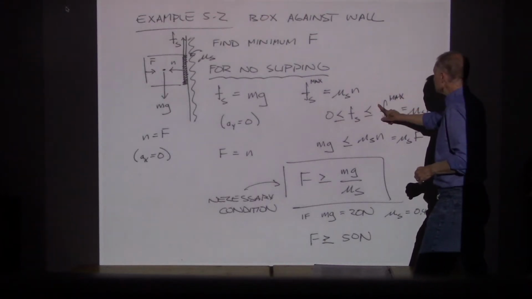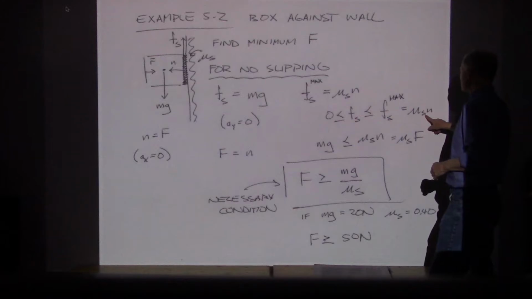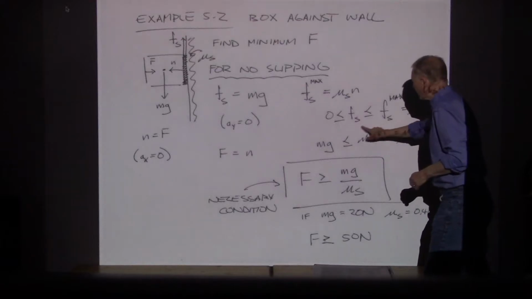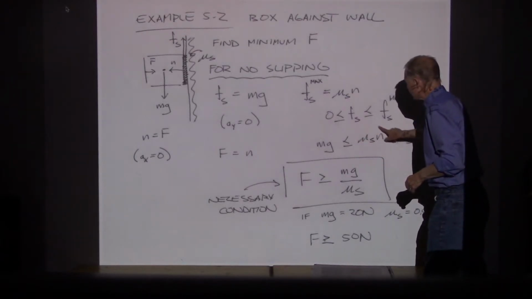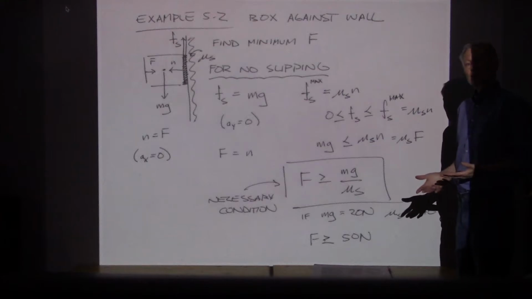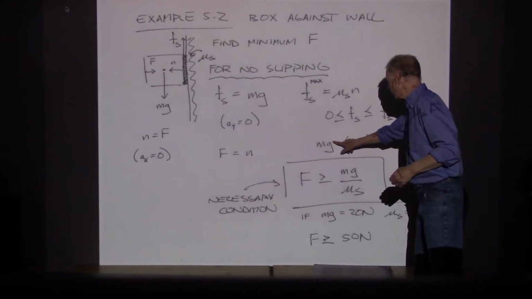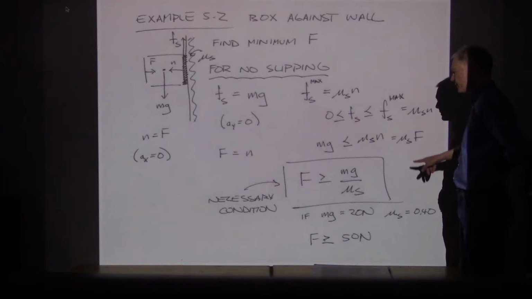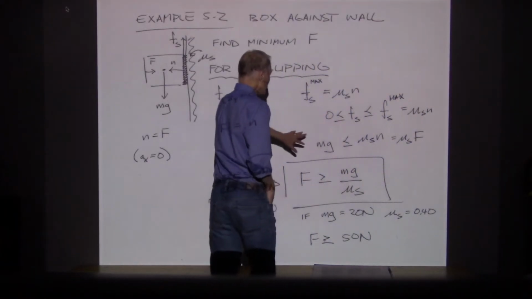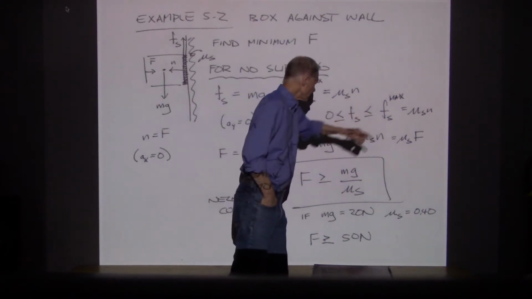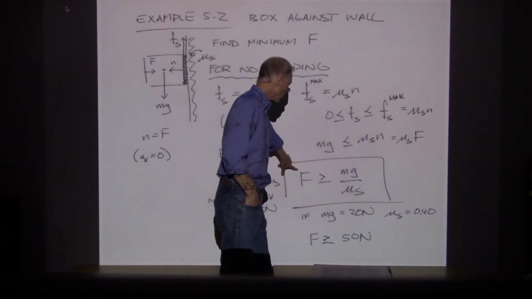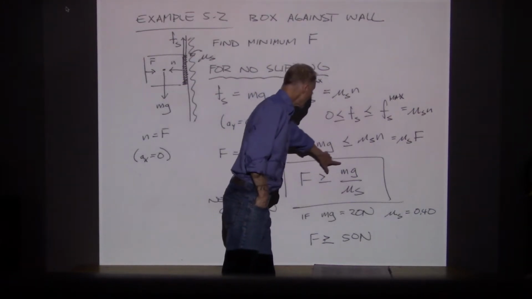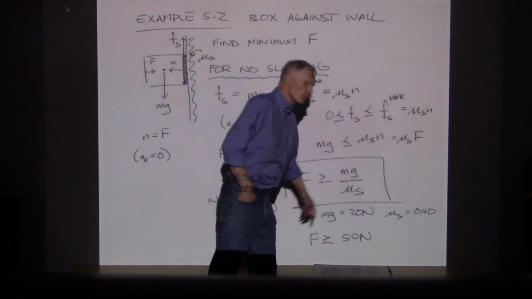The maximum value will be given by mu sub s times N. So what we're saying is that the maximum frictional force has to be at least as large as mg. And since N is the same thing as F, we can write that as mu sub s F equals mg. And that tells us from the formula we have right here, if we solve for F, we need to push with a force at least as large as mg divided by mu sub s.